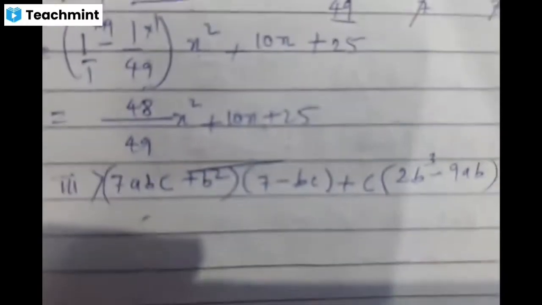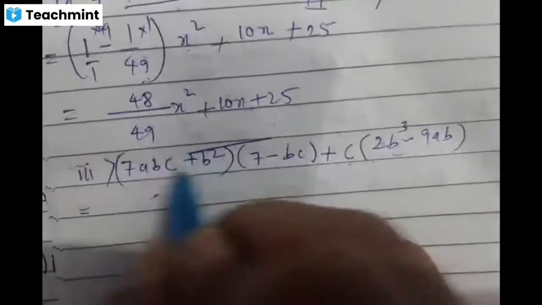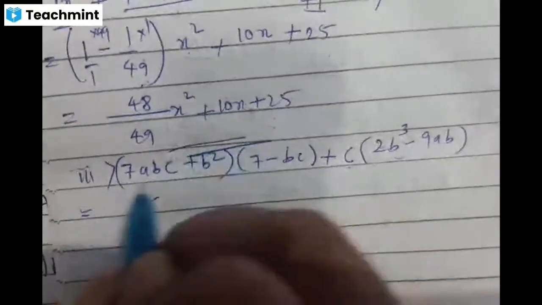Here you have got one pair of binomials, children. So this is one pair of binomials, and plus here you have a monomial and a binomial. So what I do here, let us convert this one into a monomial and a binomial.